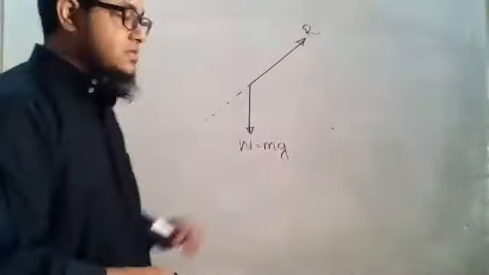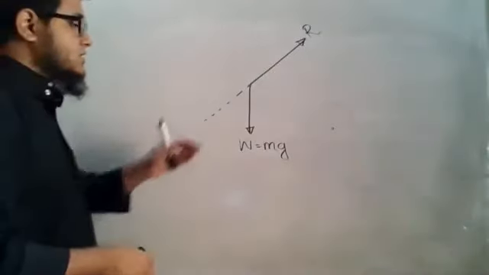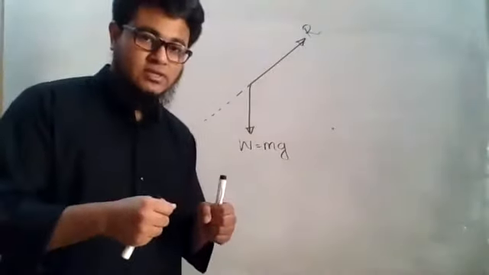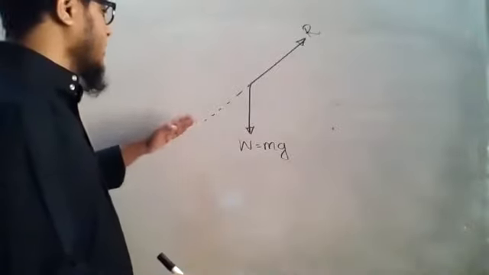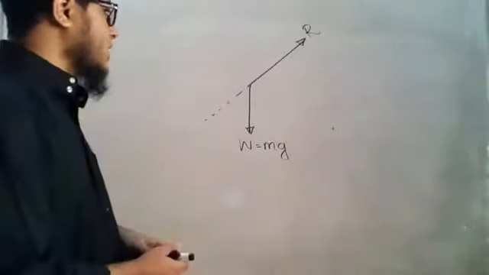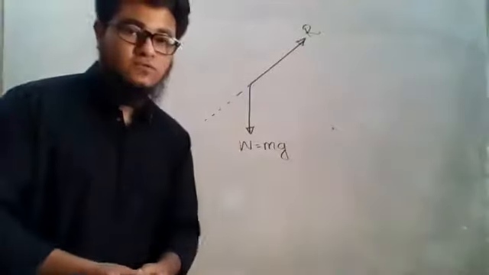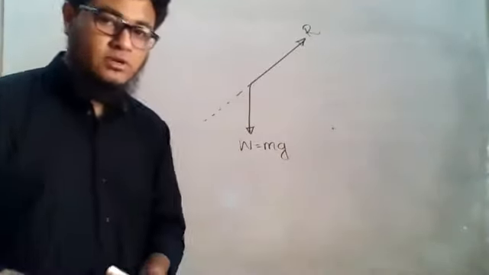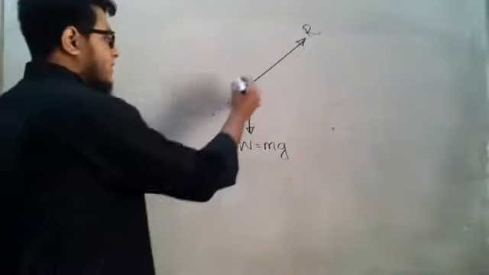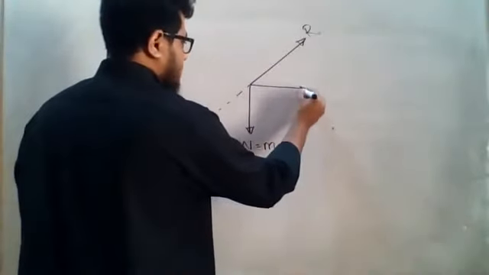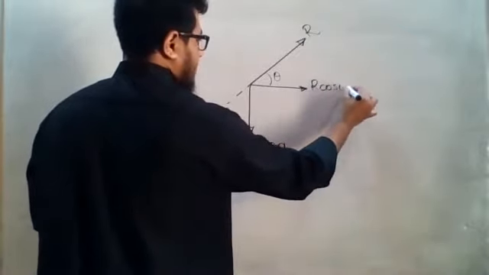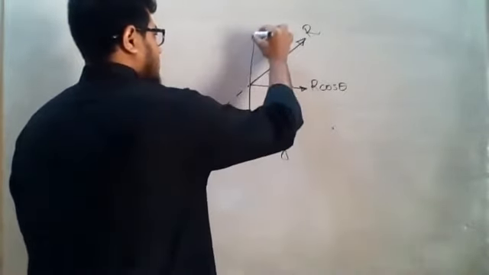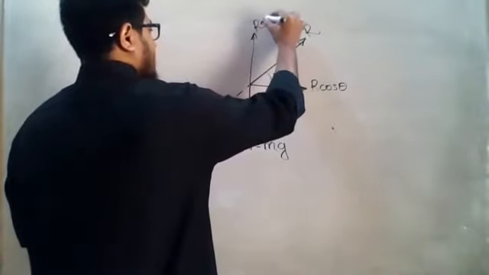But in this case, as he is not riding the bike straight, rather he is driving it at an angle, he will get the reaction force at this angle. And this reaction force can be resolved into two perpendicular components, as we learned in the vector chapter. If this angle is theta, then it will be R cos theta, and this will be R sin theta.